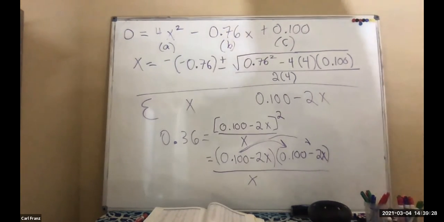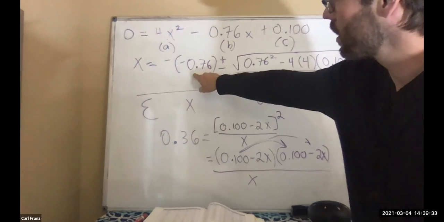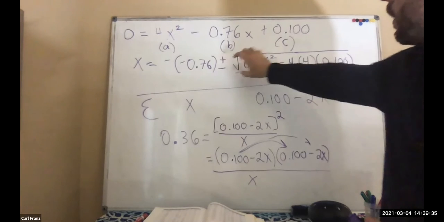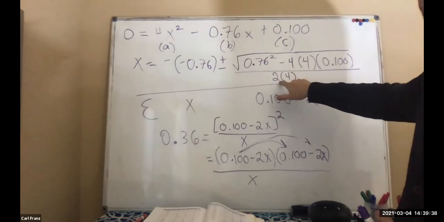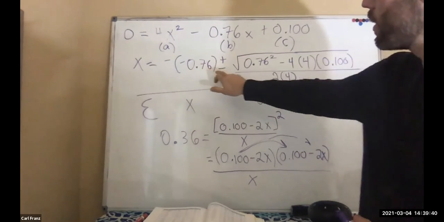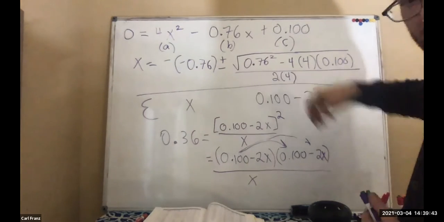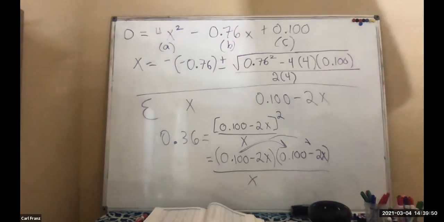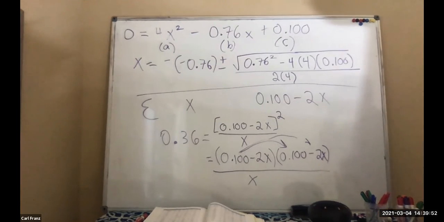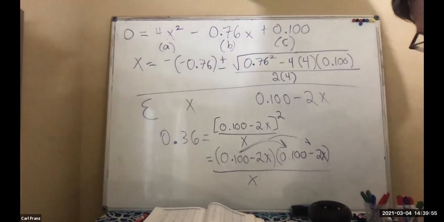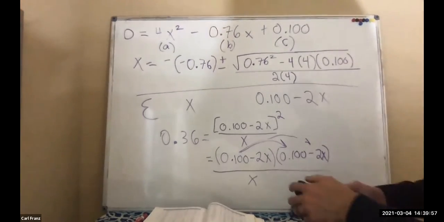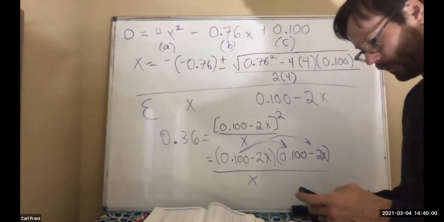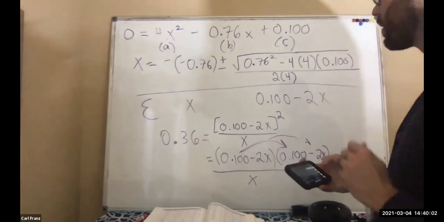And now we're going to get two answers. We're going to get one answer where we take this and add it to this over this. And then we're going to get an answer where we take this and we subtract it from this and then take that over 2 times 4. Let's see what you guys come up with. And I'll do the same.